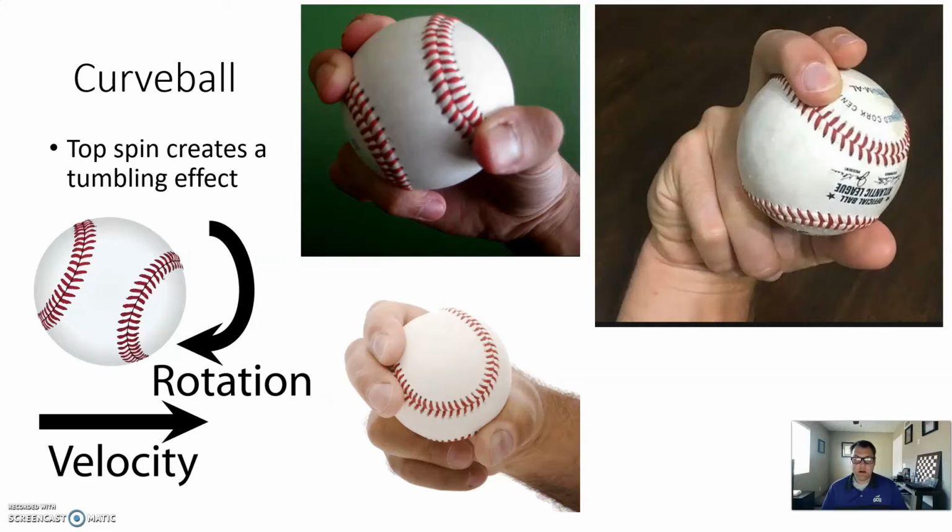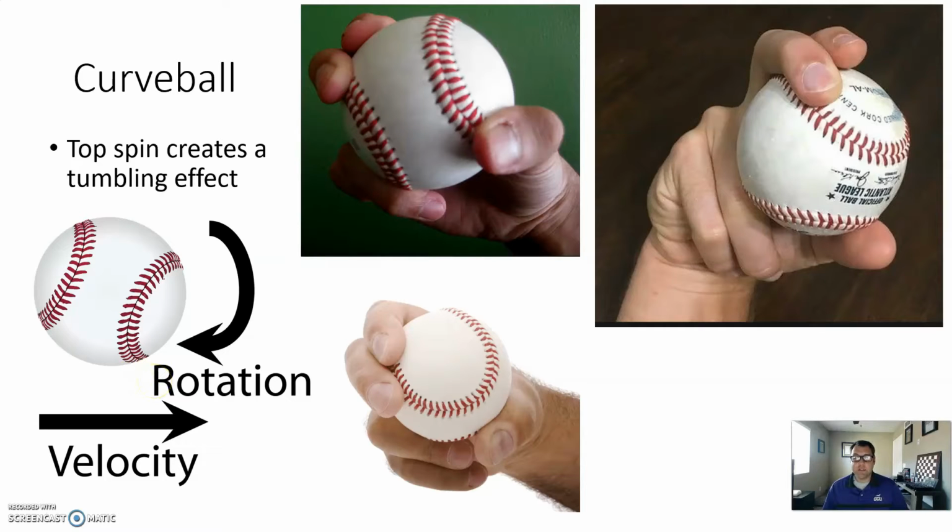Now this first one here, the curveball, is actually one of the only pitches you'll see that has a completely different spin set than everything else. So a curveball utilizes top spin to give it an up-down motion. So as you see here, you're creating extra drag in the bottom of the rotation here of the curveball to make it tumble forward.